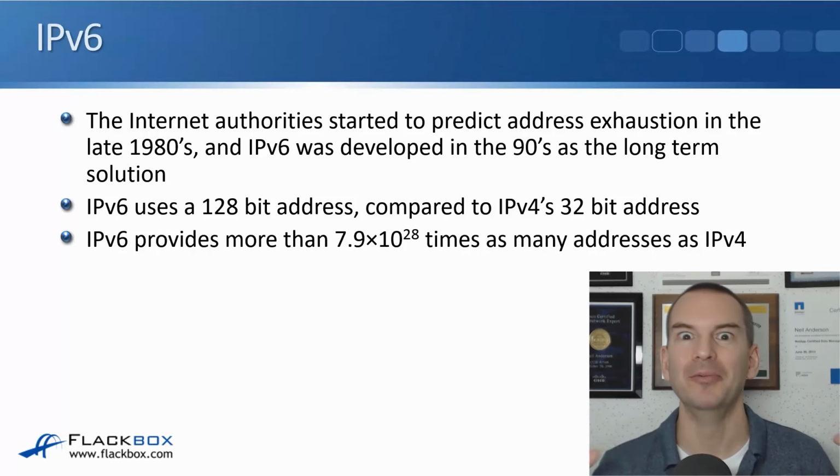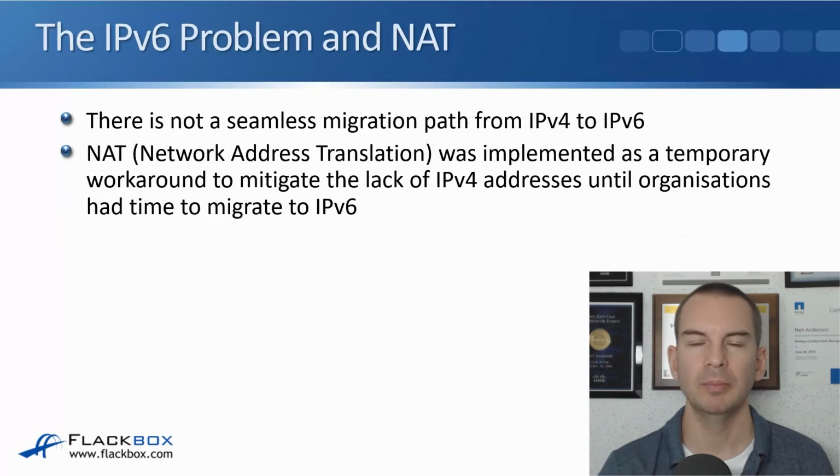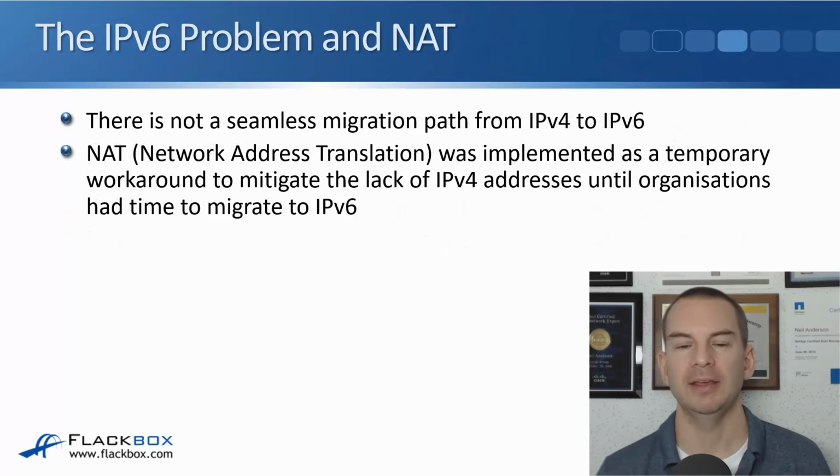And the idea is that the IPv6 address space will never run out. But a problem is that there's not a seamless migration path from IPv4 to IPv6. IPv6 is not backwards compatible with IPv4, so there's not an easy way to change from one to the other.